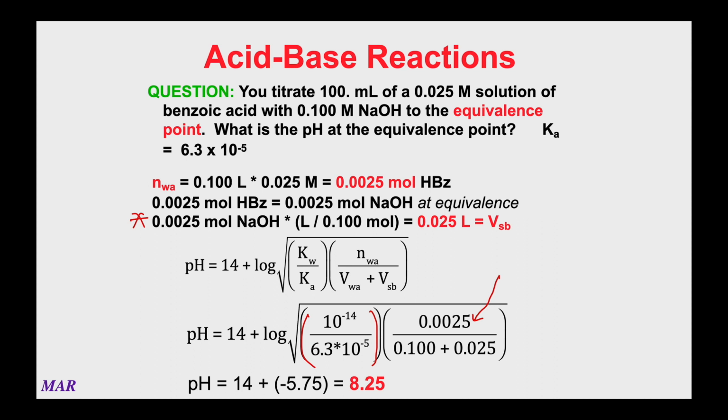We do need to divide by the total volume, so you need not only the volume of the weak acid, but you also need the volume of the strong base required to get there. If you do all of this, pH comes out to be 8.25. This should be a basic pH. Weak acid plus strong bases have basic equivalence point.